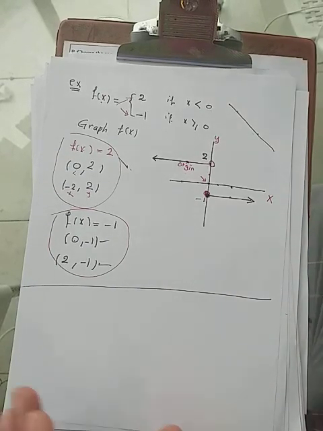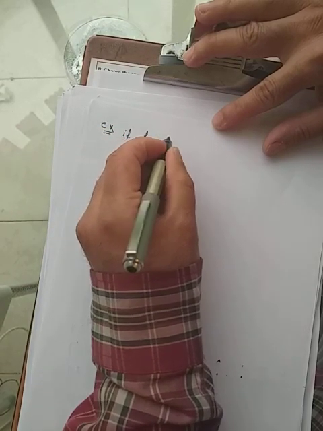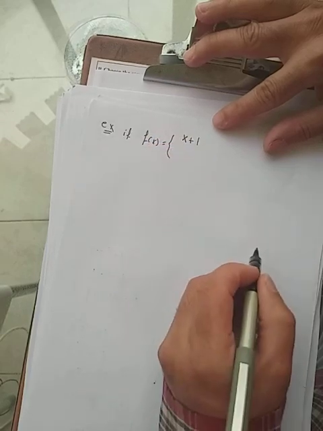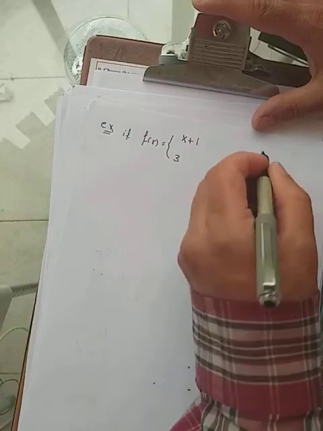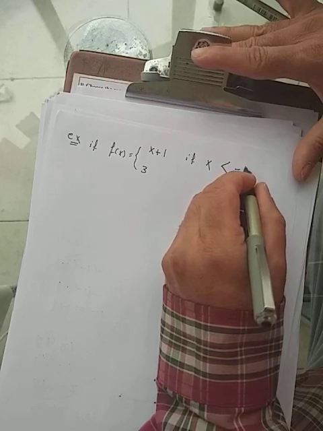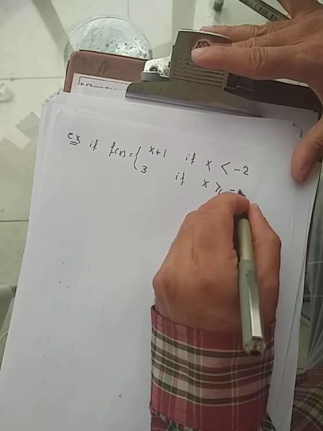Another example. f of x is equal to x plus 1 if x is less than minus 2, and let this one be any number, 3, if x is bigger than or equal to minus 2.